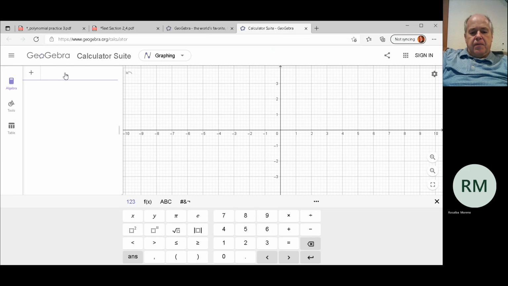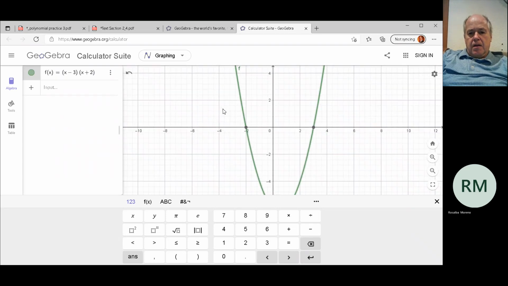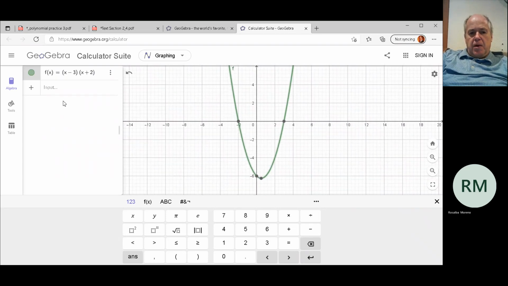And I can put x minus 3 times x plus 2. That's the curve represented by that function, x minus 3 times x plus 2.